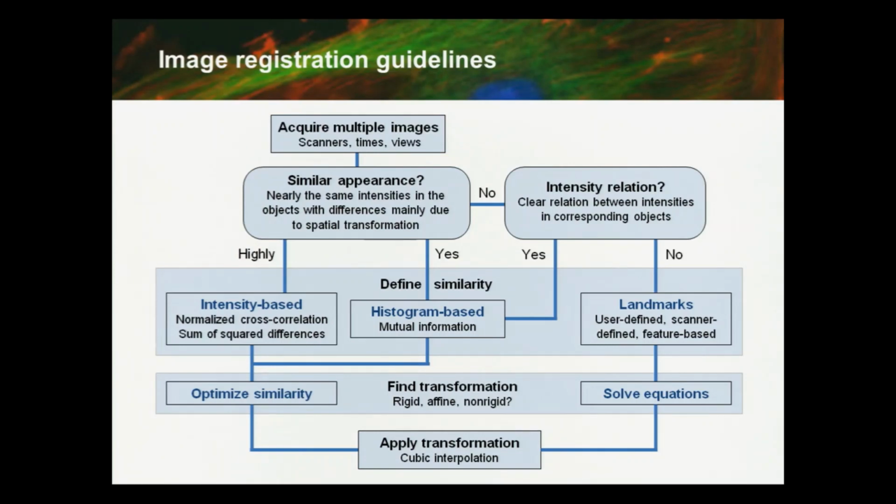And then the other thing is to think about transformations. Maybe you can get from your colleagues an image registration algorithm that does full-blown elastic registration. Do you really need that? The more degrees of freedom you have in your algorithm, the more likely you're going to make mistakes. So it's better to constrain the problem as much as you can. You really have to think about what kind of transformation you really need.